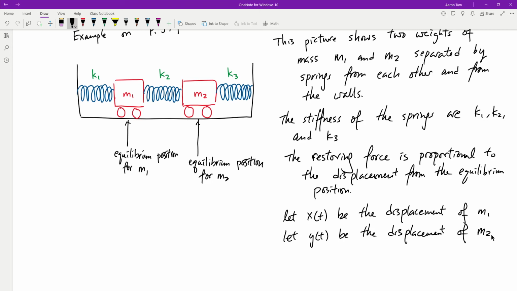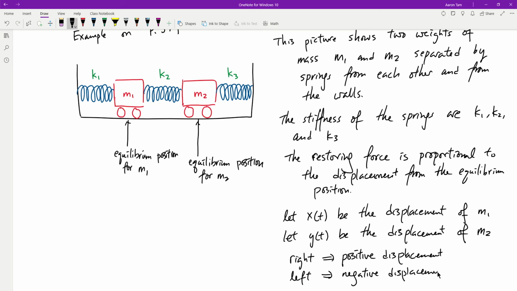And for both of these displacements, we're going to define moving to the right as positive, and moving to the left as a negative displacement.